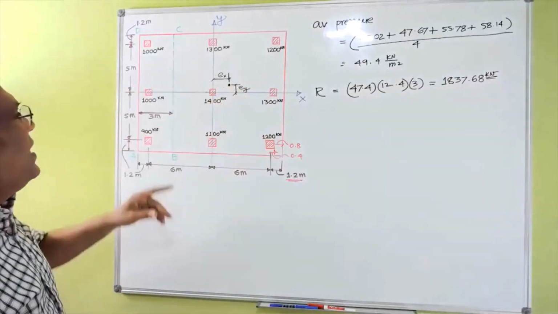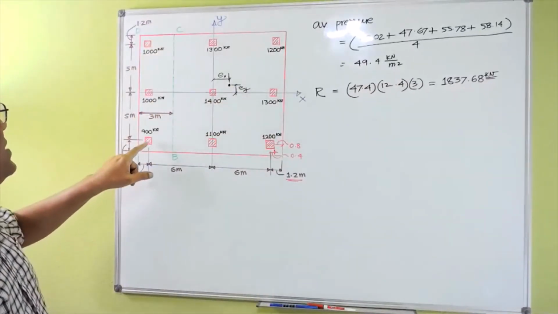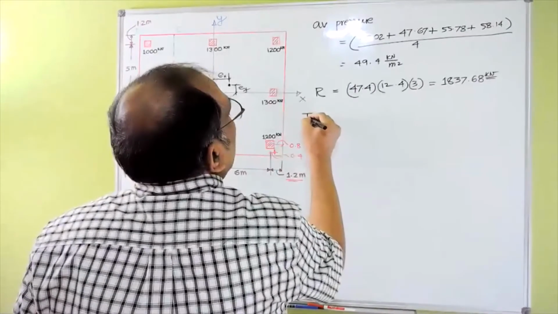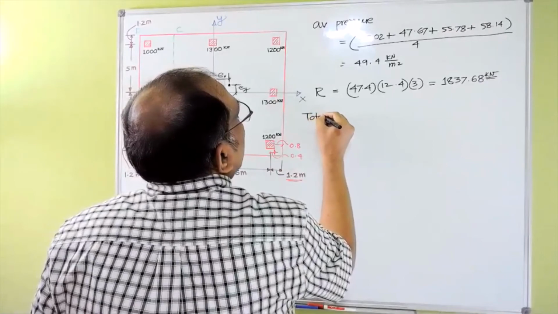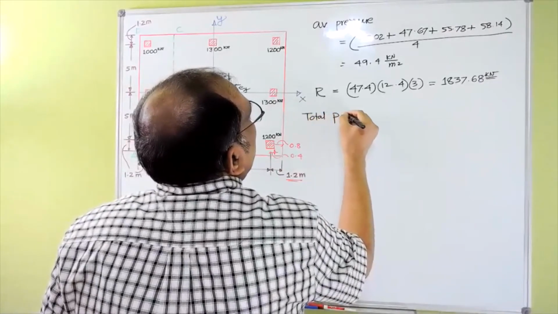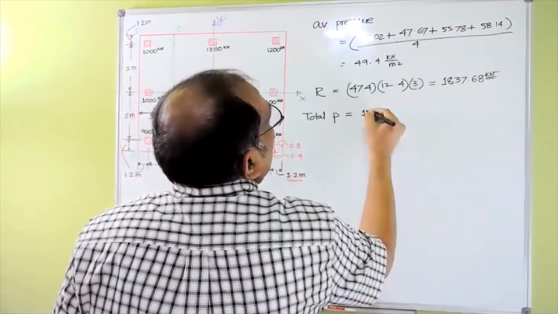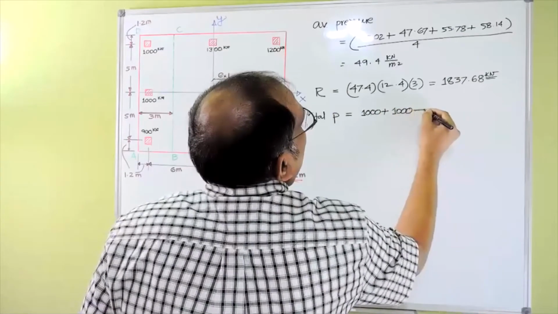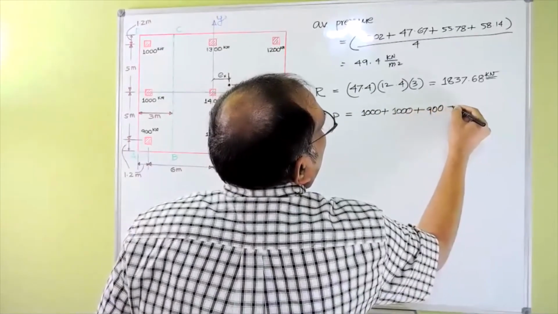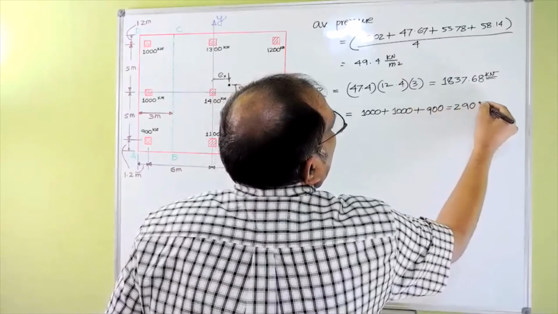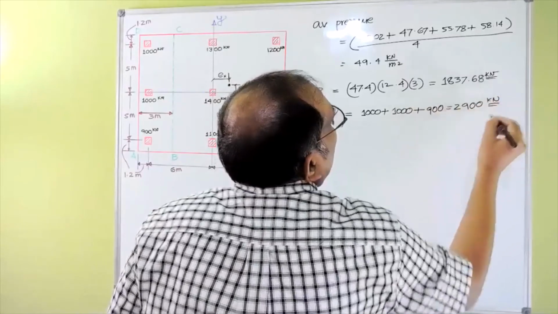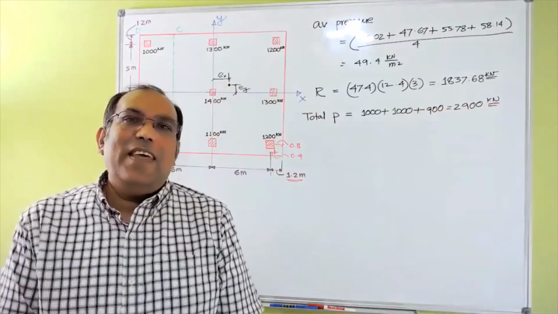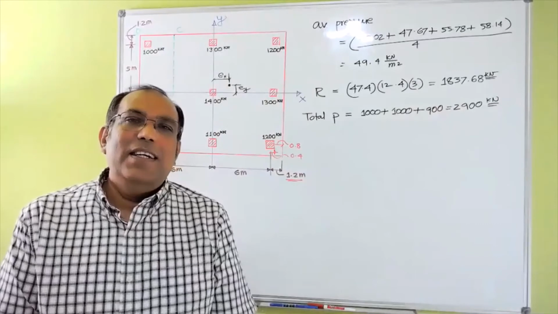Now you can see the force coming from the top is this one plus this one plus this one. So total force P is basically 1000 plus 1000 plus 900, 2900 kilonewton. So you can understand that the slab is not stable.